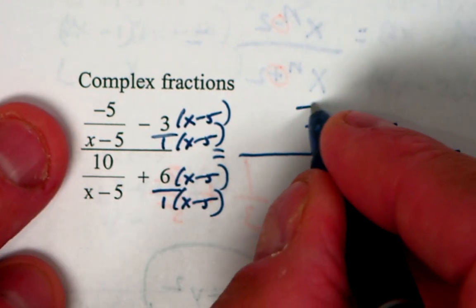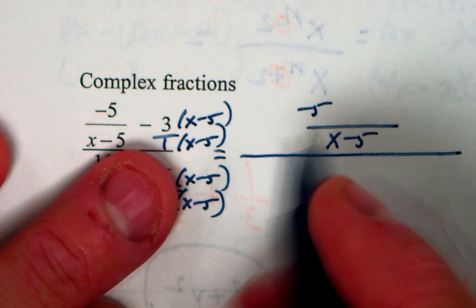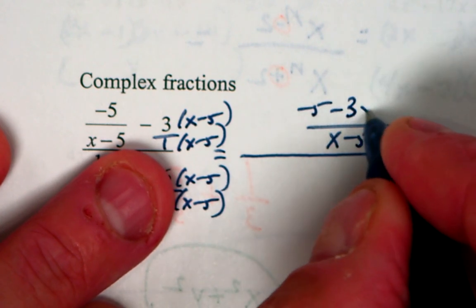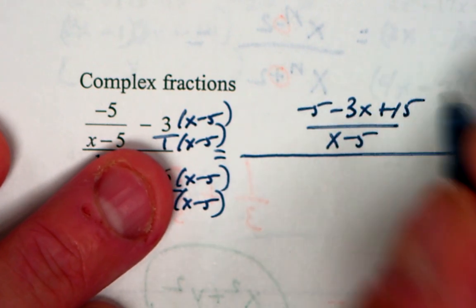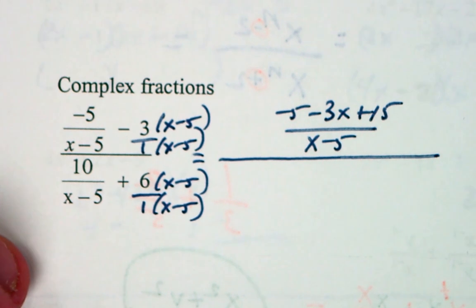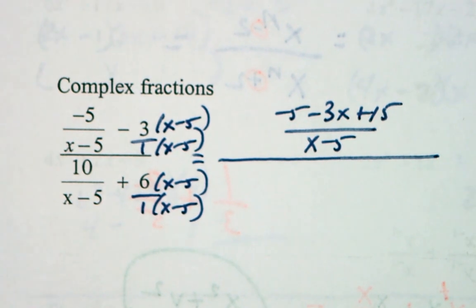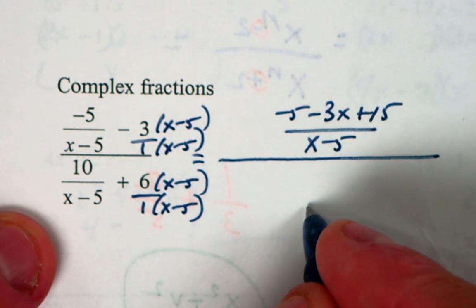Negative 5 minus 3x plus 15. We'll simplify in here in just a second. Let's take care of the bottom.